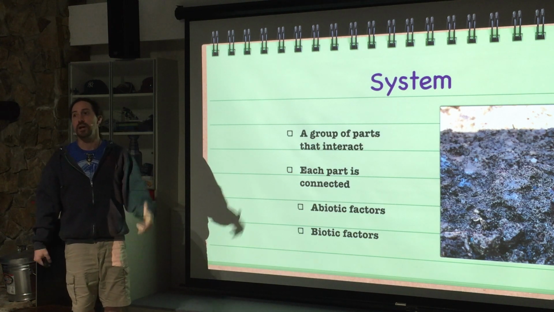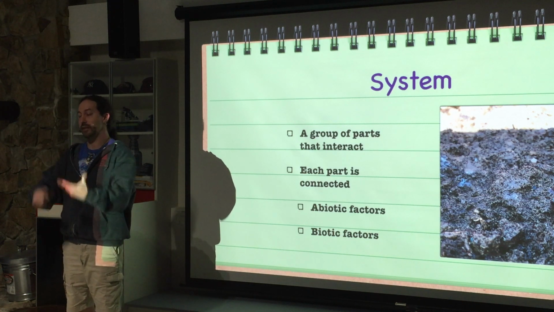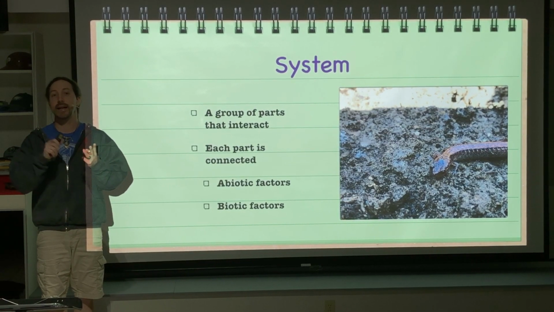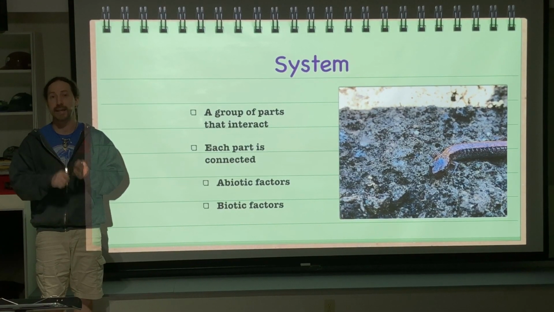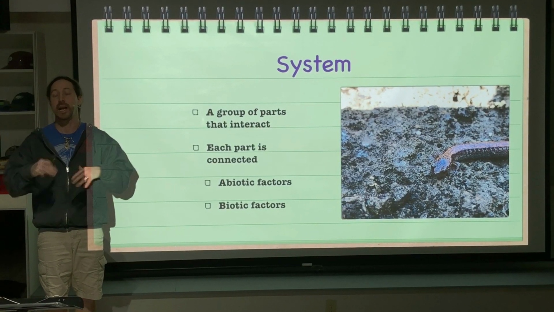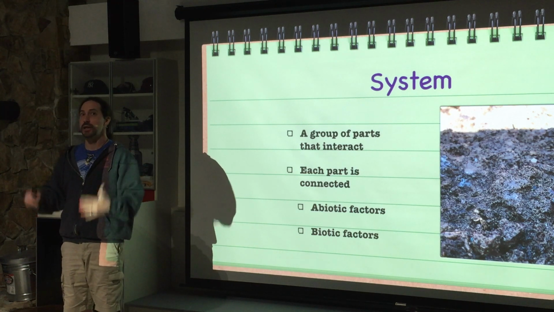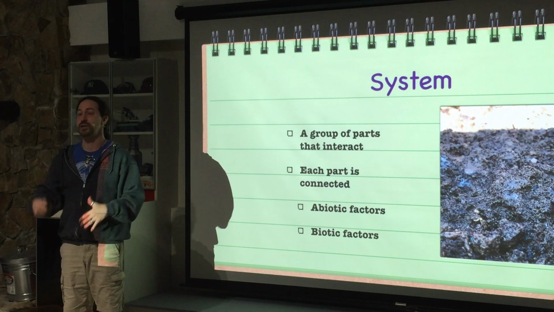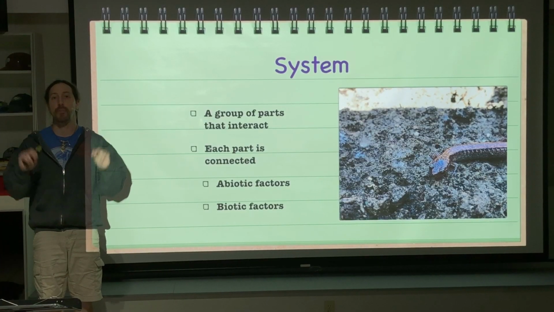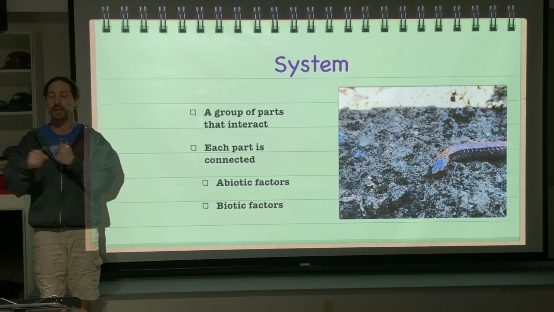For example, my phone has certain parts that work on the inside of it. It has a microprocessor, it has different sensors, it has different parts within its casing, it has a battery that all impact how it works, how it functions. The way it functions is not directly related to how my TV functions or how my computer functions. They are separate systems. Their parts aren't necessarily interacting with each other.